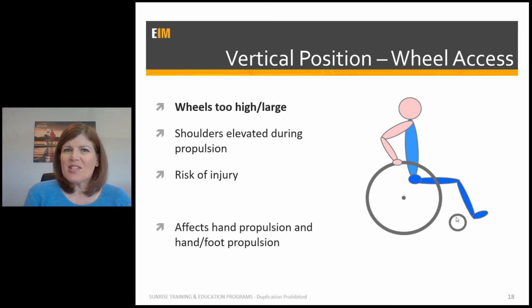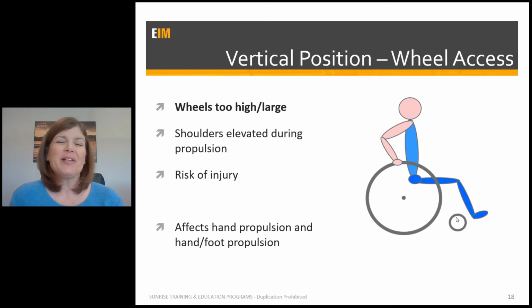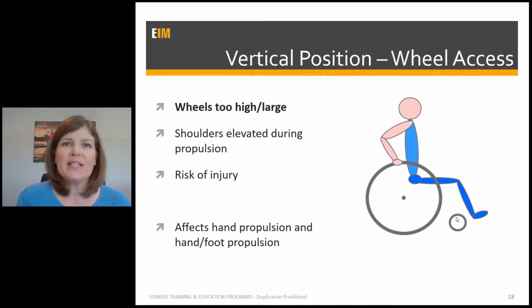So again, we run the risk of injury because of some impingement that could be happening in the shoulders. This is something we think about whenever the hand has to be on the hand rim. Whether an individual propels by hand or by hand and foot, we need to think about the placement of the vertical position of the wheel.